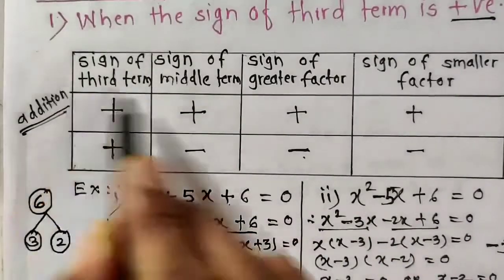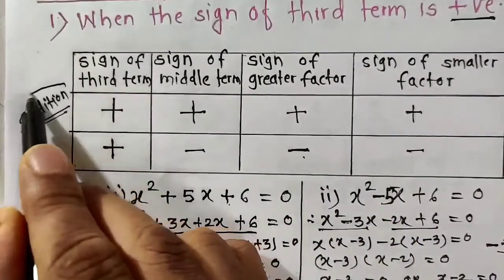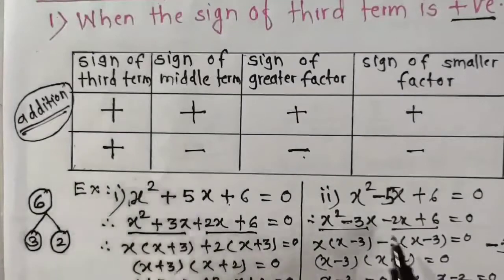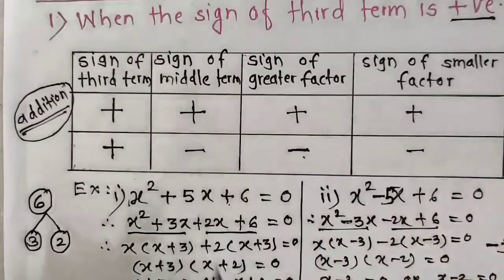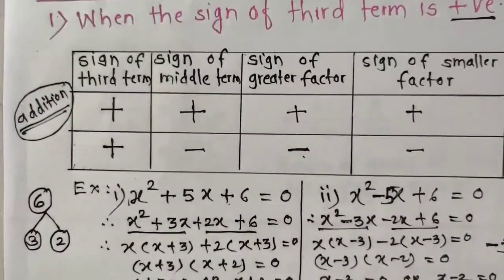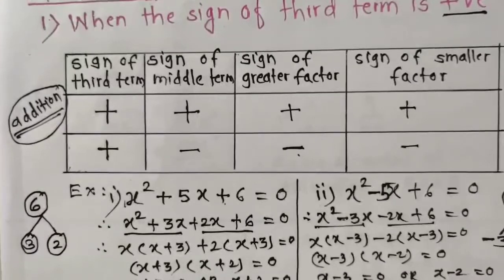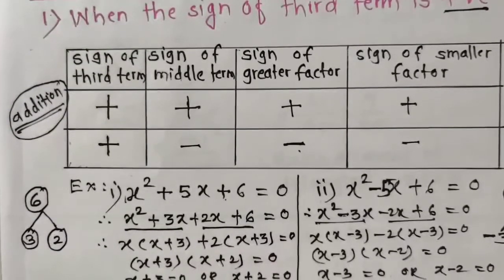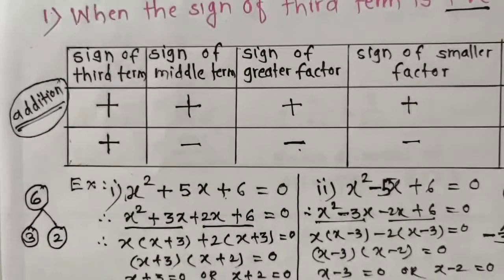And how will we get the middle term? Addition of these two factors gives the middle term, 3 plus 2, 5. So in this way, we can solve the quadratic equation using the factorization method. This is the important key to solve quadratic equations by the factorization method.